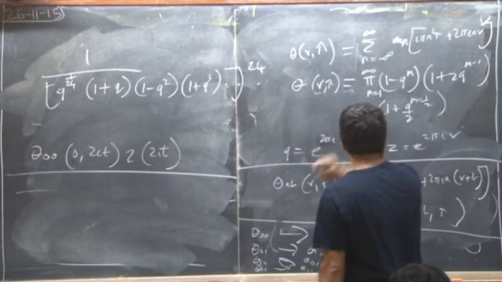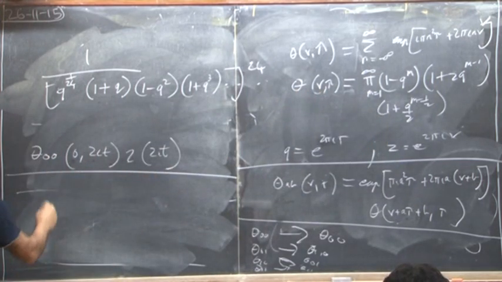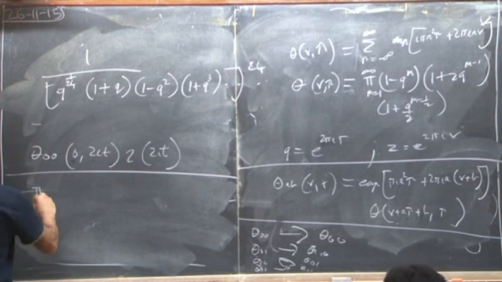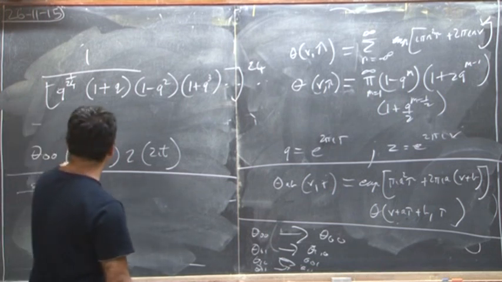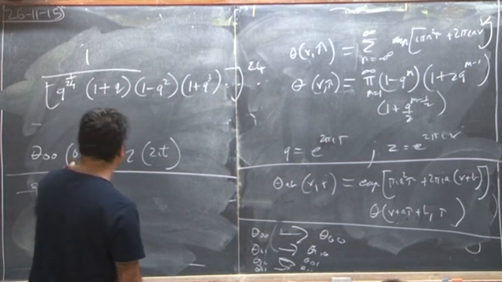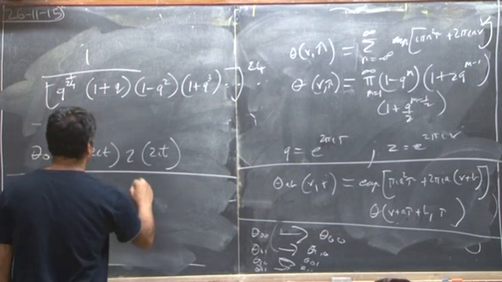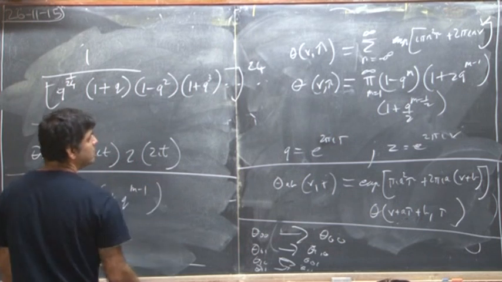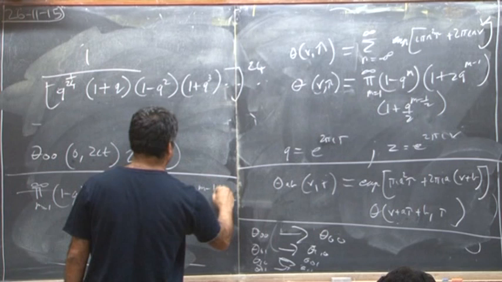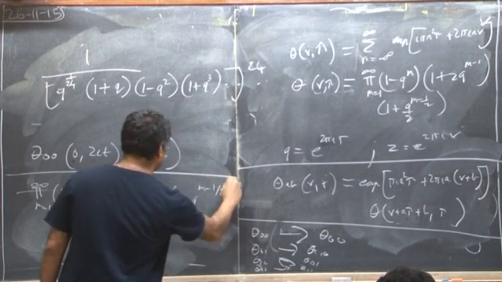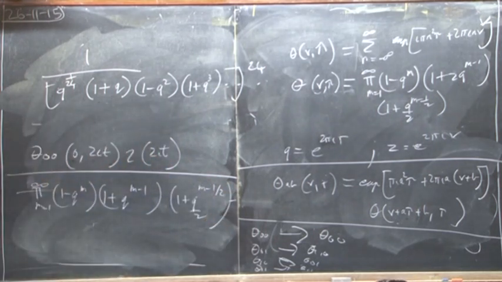This guy here is the product over m from 1 to infinity of 1 minus q to the power m. Now z is just 1 plus q to the power m minus half by z.